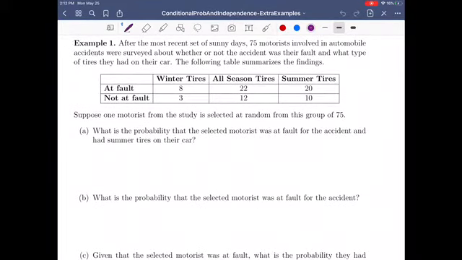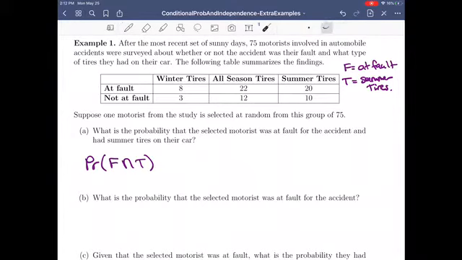I'm going to say let F be the event that they were at fault, and T the event that they had summer tires. What we're looking for then is the probability that they were at fault and had summer tires, so that's F intersect T. Because we're picking one motorist at random, this is a uniform sample space.